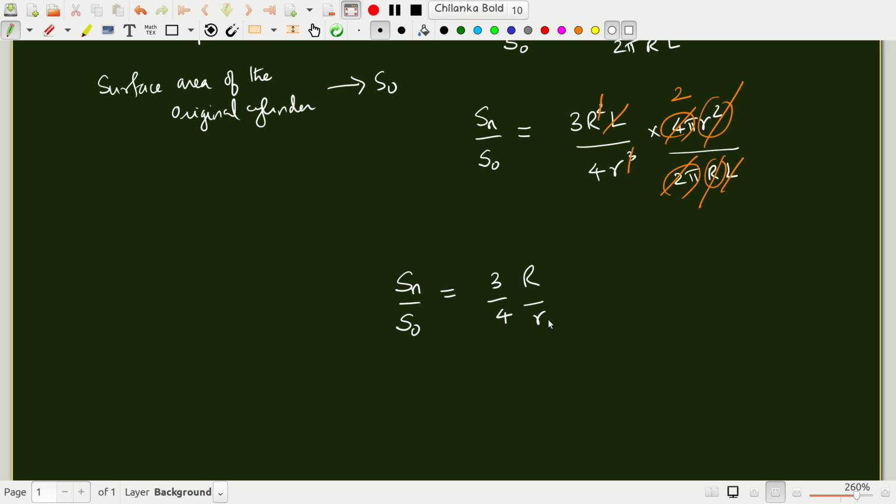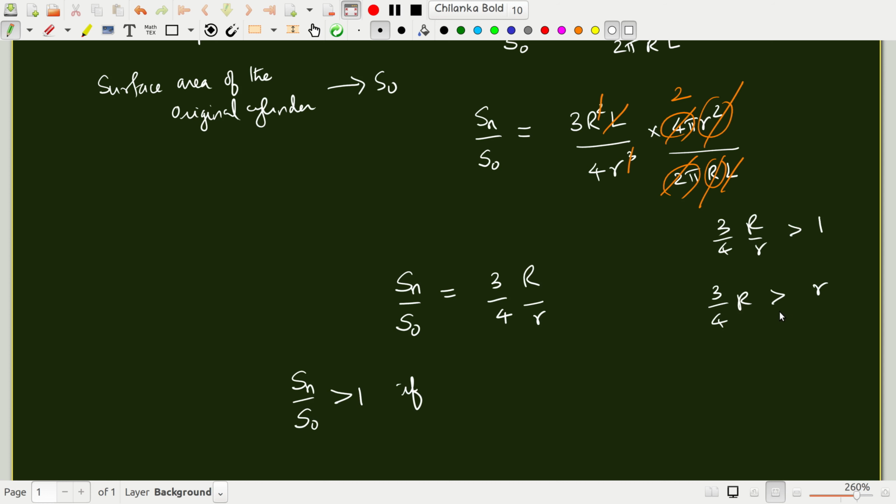Okay, so what we have found is that Sn by S0 is greater than 1 if 3 by 4 R by r is greater than 1, or 3 by 4 R is greater than small r.